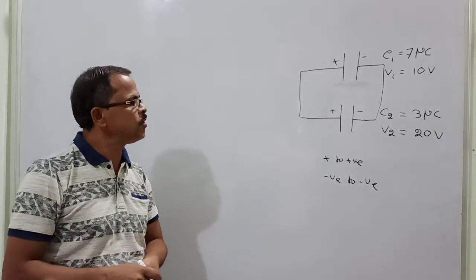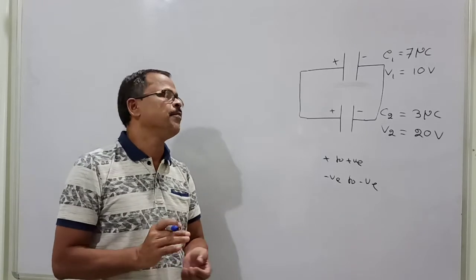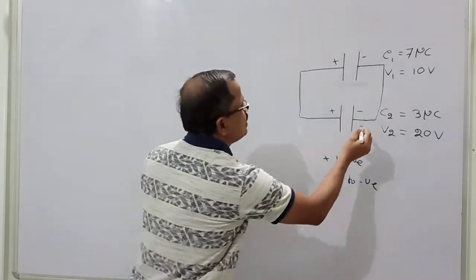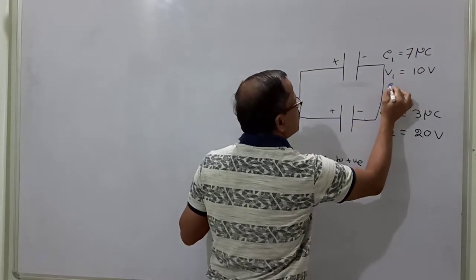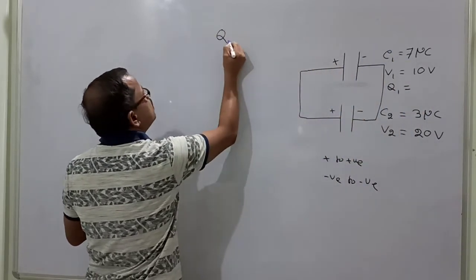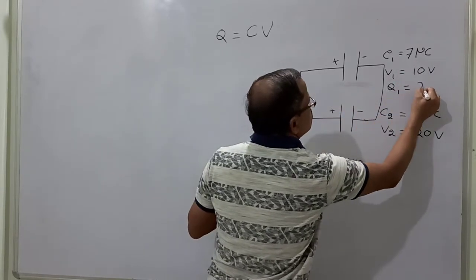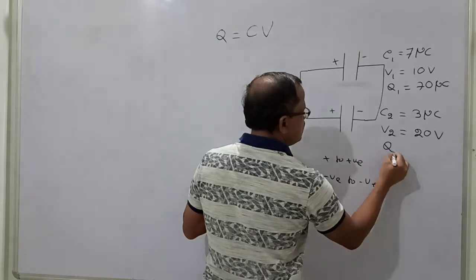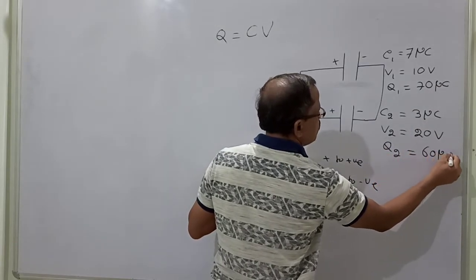So how to solve the problem? We will solve it by using a formula. What is that common formula? Since this capacitor has capacitance 7 and potential V1, what is the charge here? Q is equal to CV, so Q1 is equal to 70 microcoulomb, and the charge Q2 is equal to 60 microcoulomb.